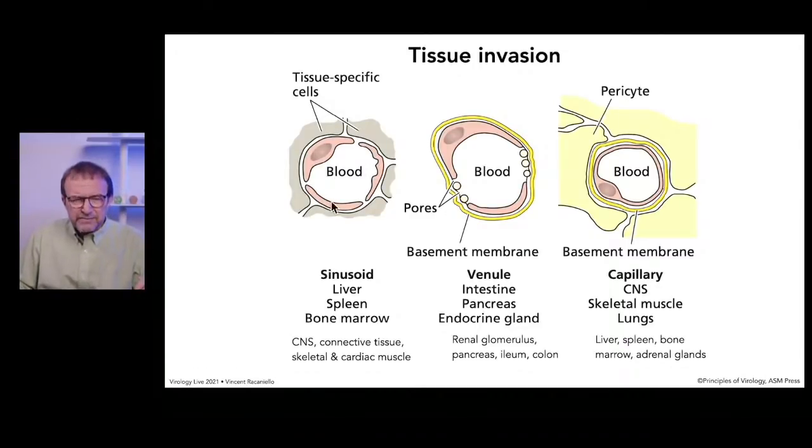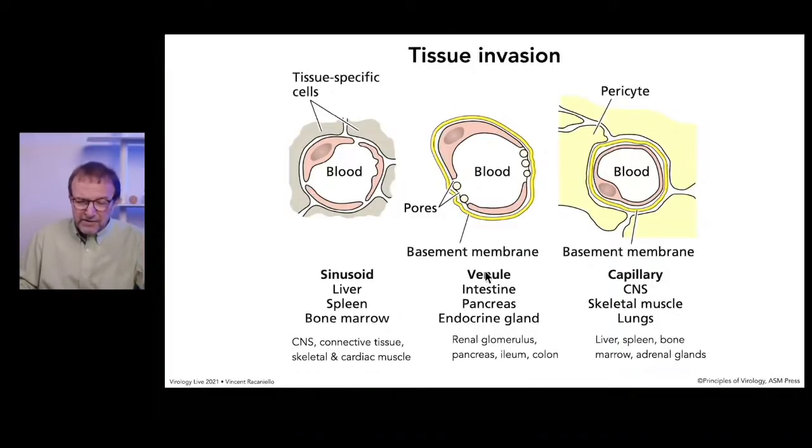The blood vessels, you barely could call them a blood vessel. It's just a collection of endothelial cells here, loosely joined with the cells underneath. These could be liver cells, for example. So it's just like a sinus, and the blood is flowing through this. So obviously, very easy for viruses to get through these holes in the endothelial cells.